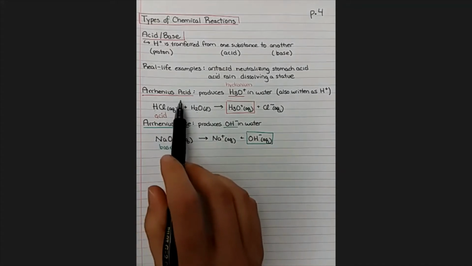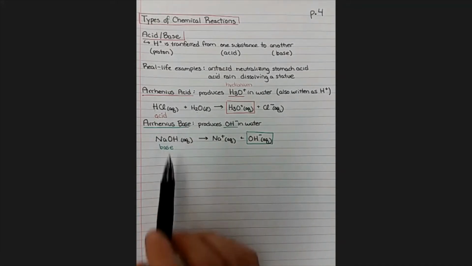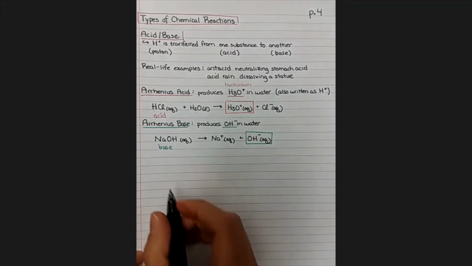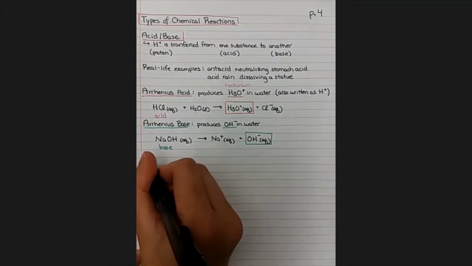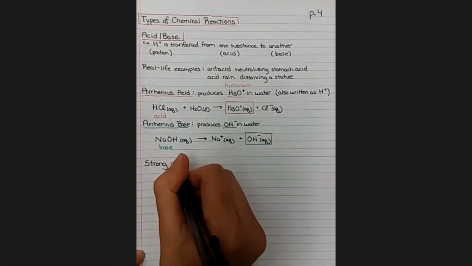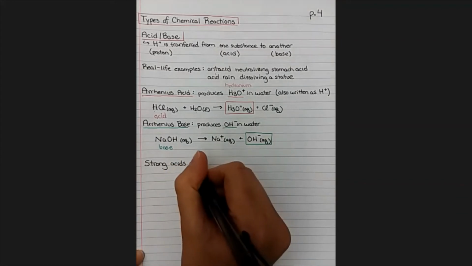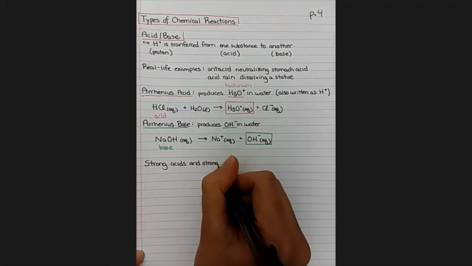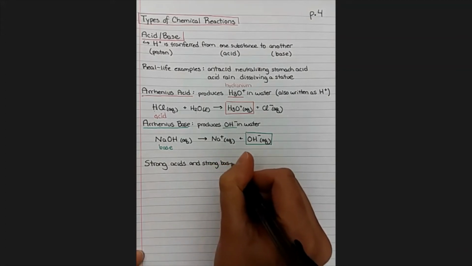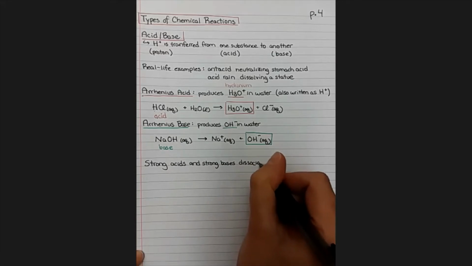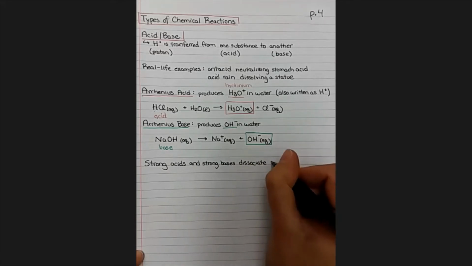So we've divided the important compounds into two categories, acids and bases, and each of those has different strengths. Strong acids and strong bases have a particular quality that makes them unique. If we call something strong, that means that it dissociates completely in solution.